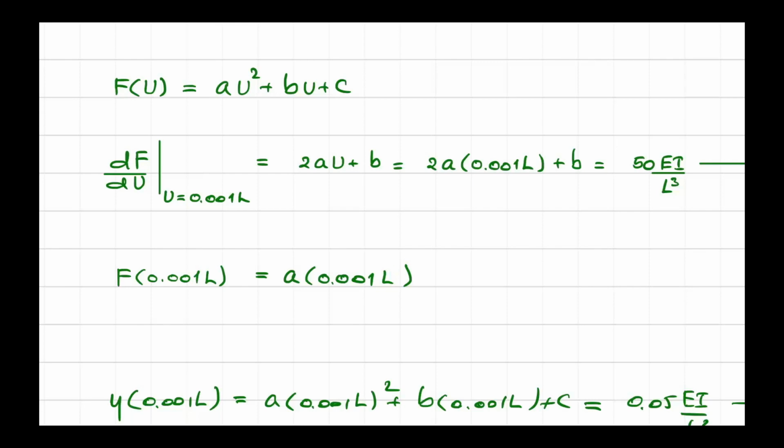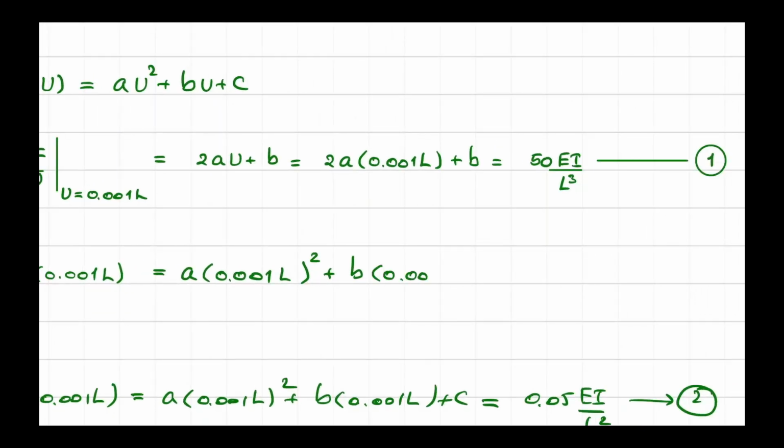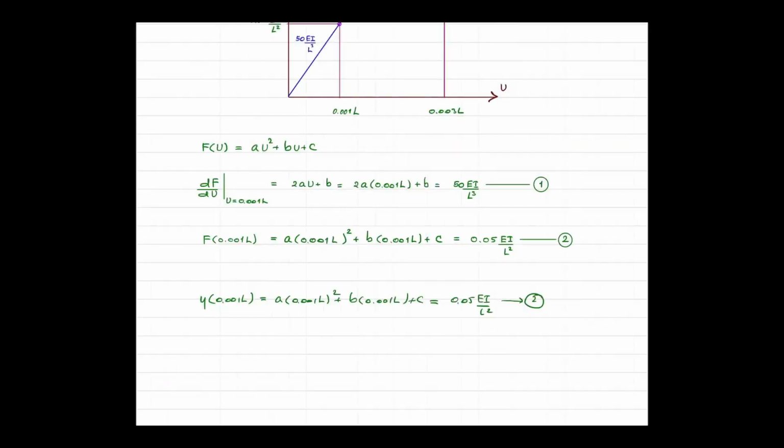Sorry, this is not right. a times (0.001L) square plus b times 0.001L plus c equals to 0.05 EI over L square. Yeah, I can cut this point out from the video when I made the first scratch paper.